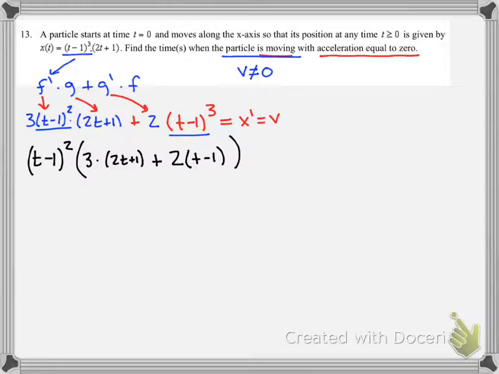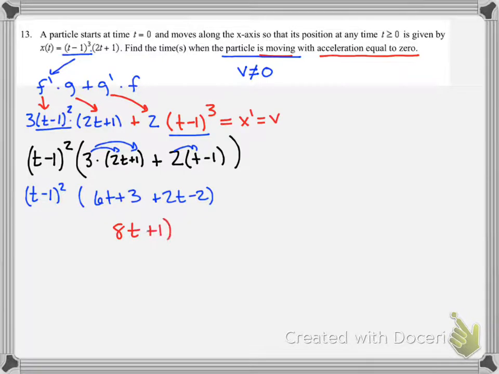I'll do a little bit of simplifying. (t minus 1) squared times (6t plus 3 plus 2t minus 2), which simplifies to (8t plus 1). So this is equal to velocity.